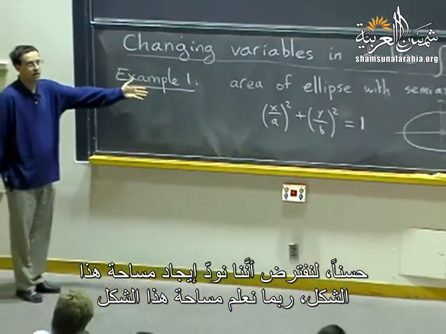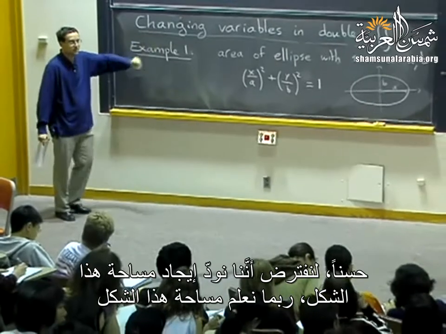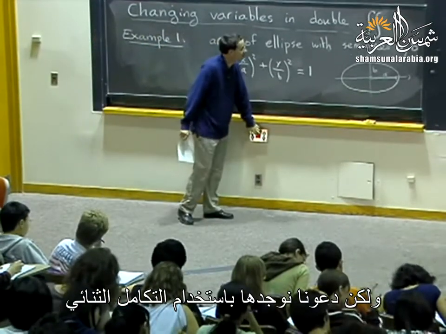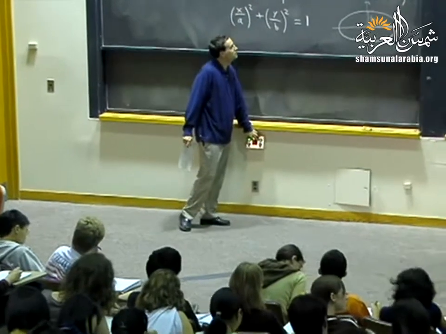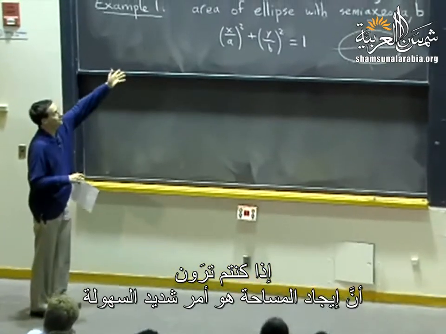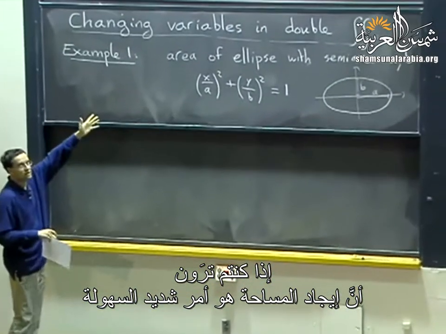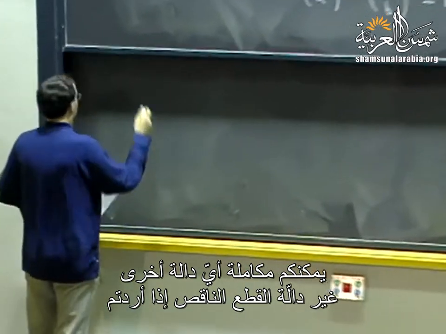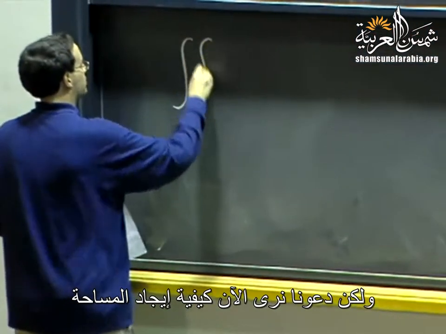So let's say we want to find the area of that. Maybe you know what the area is, but let's do it as a double integral. Or if you find that area is too easy, you can integrate any function over the ellipse if you prefer. But let's do it just with area.